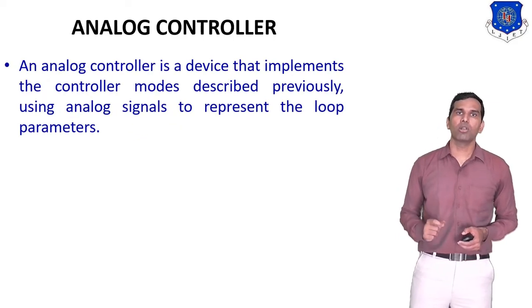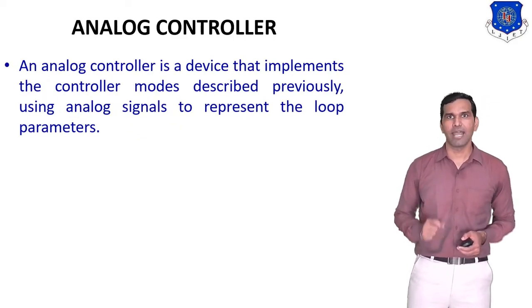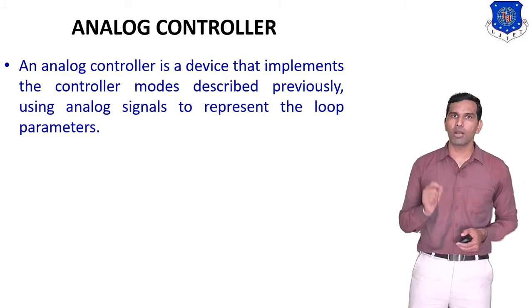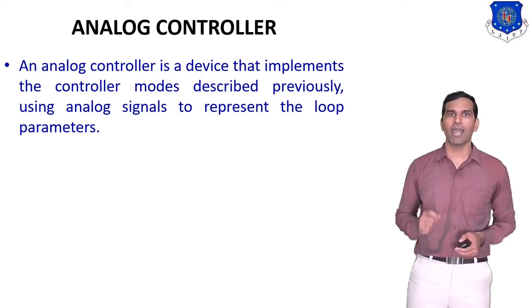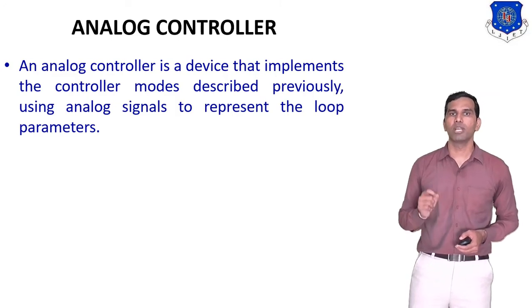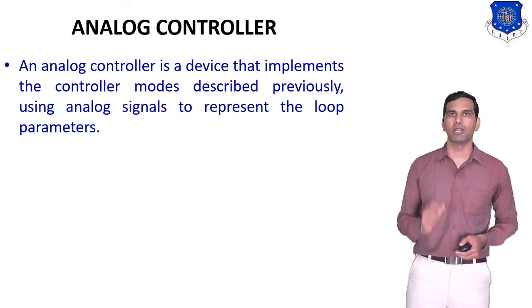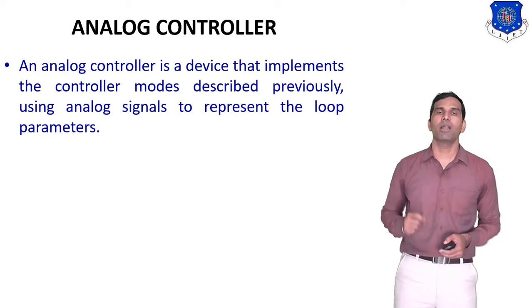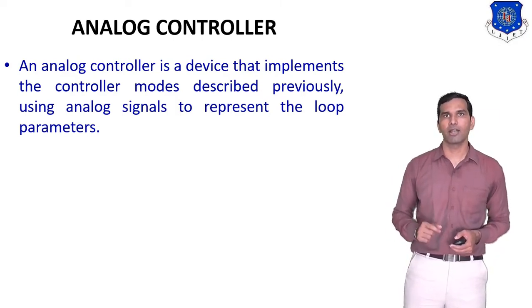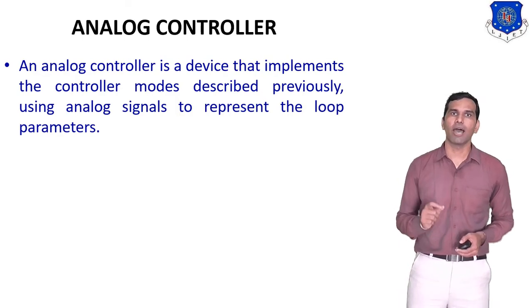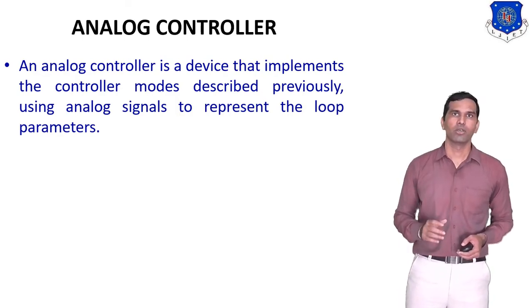An analog controller is a device that implements the controller modes described previously using analog signals to represent the loop parameter. That means a simple definition of an analog controller is nothing but a controller that uses analog signals.